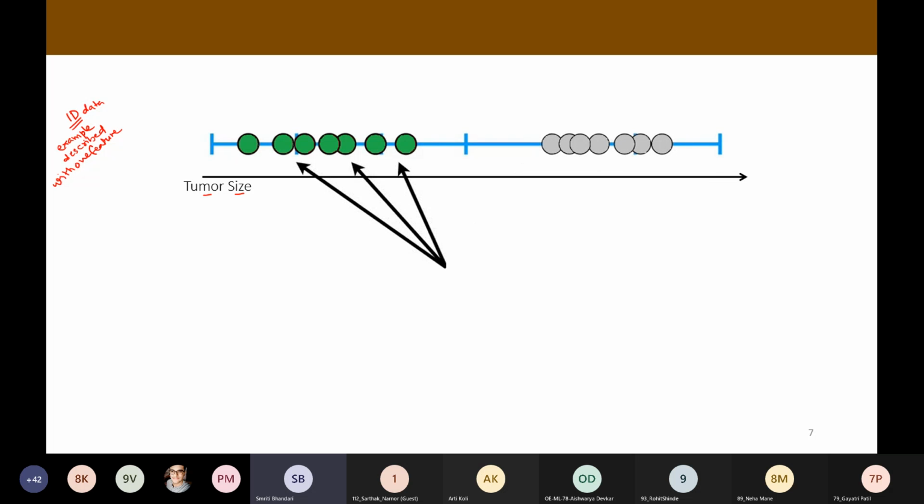So what are those two classes? We have a few samples depicted here in green color. These are the samples which do not have malignancy. So green samples are the normal or non-malignant samples, not having cancer.